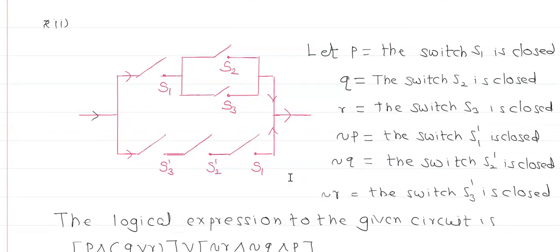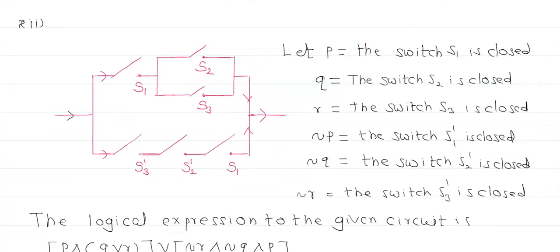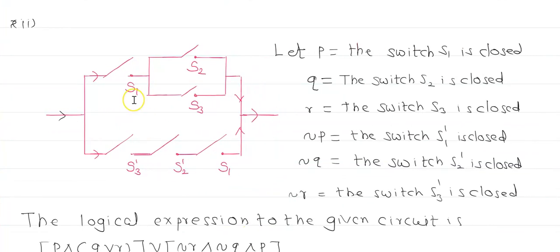Now the next, second. In this case, see this here, S1 is in series with S2 and S3. This total block is parallel with S3 dash, S2 dash, S1, which are in a series. Now we can write the statement pattern.